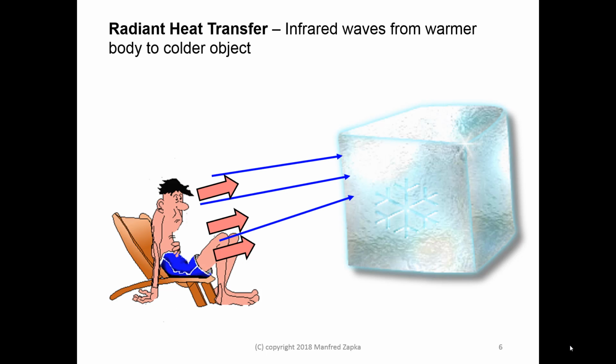The next mode of heat loss is radiant heat loss. And here, infrared waves from a warmer body go towards colder bodies. The heat is actually radiating from this poor fellow against something cold. It doesn't always have to be a block of ice. It also can be a cold wall or a ceiling.